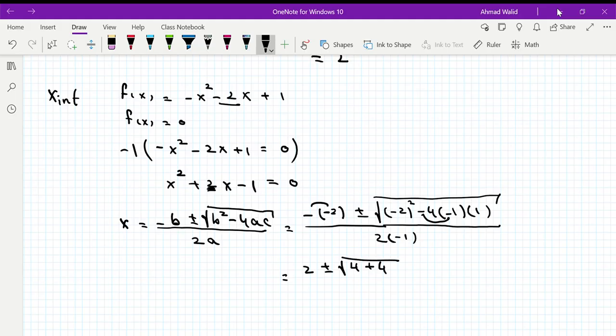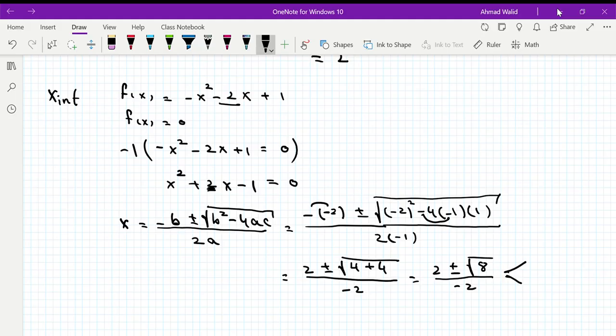Over what? Negative 2. Which is equal to 2 plus minus the square root of 8 over what? Negative 2. In your book, they simplified. If you use a calculator, you end up with two answers.